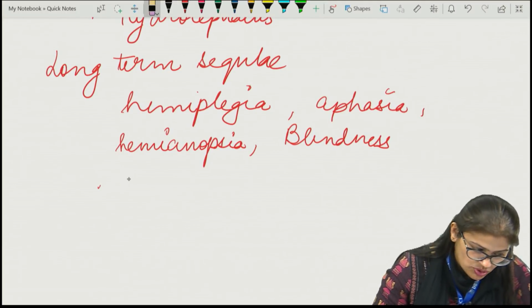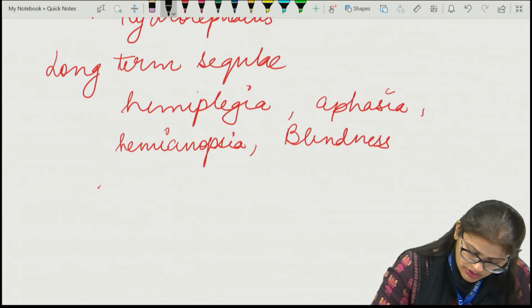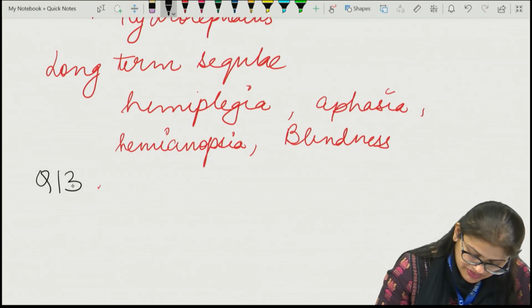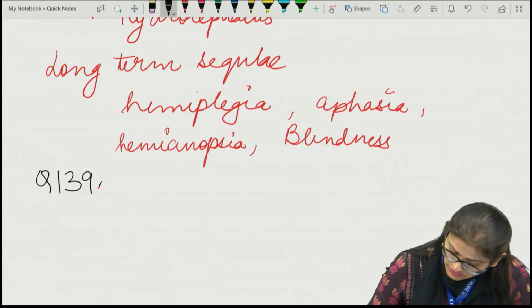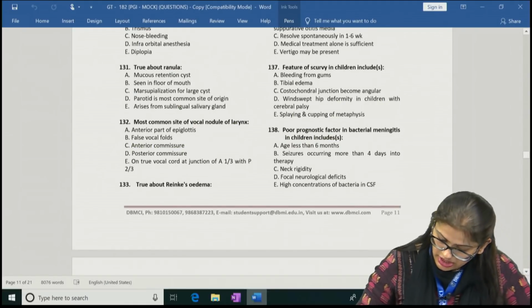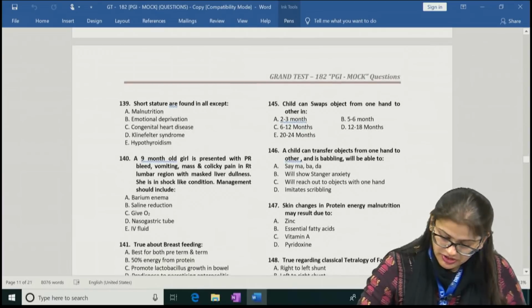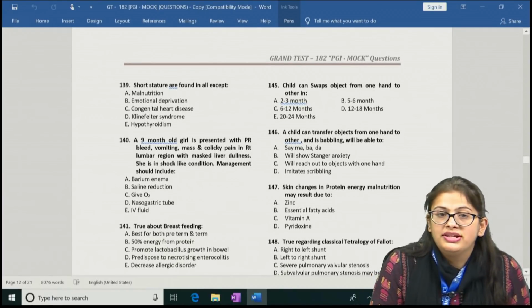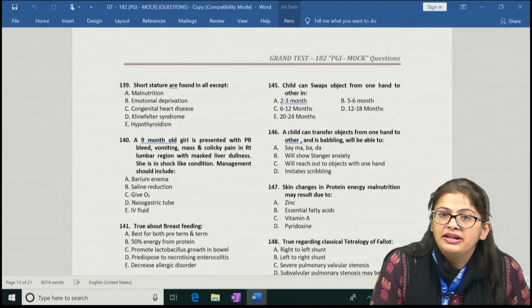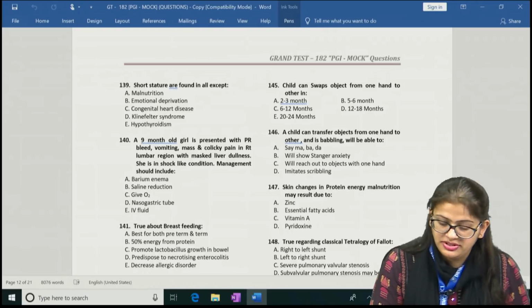So now we come on to question number 139. Question number 139 was: short stature is found in all except malnutrition, emotional deprivation, congenital heart disease, Klinefelter syndrome, and hypothyroidism.